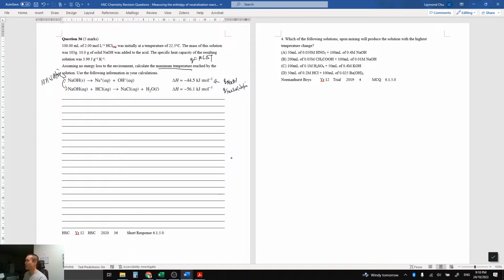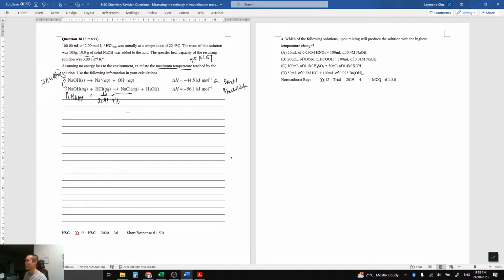Yes, so how do I find that? So we're given the mass of NaOH, so we can do moles, and then the moles can cancel out. So let's do that first. So the moles is 10 over the molar mass of NaOH, which is 22.99.